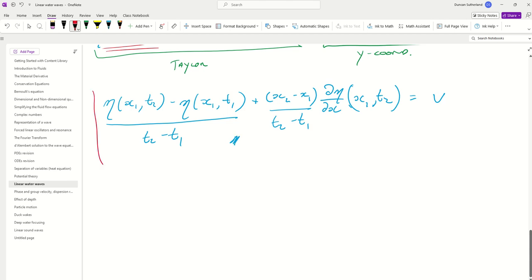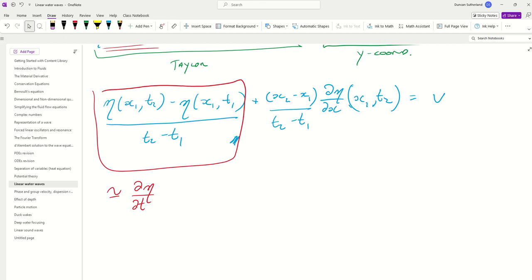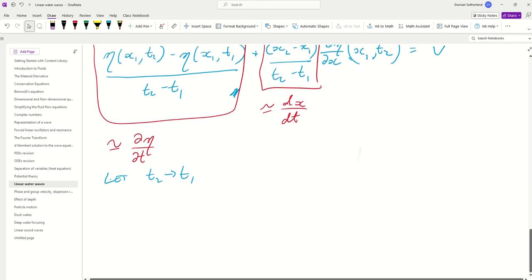Okay. And now what we've got is essentially a gradient. This thing here is in the limit d eta/dt. This thing in the limit is dx/dt, right? So what we're going to do is let t2 tend to t1, or t2 minus t1 tend to 0.